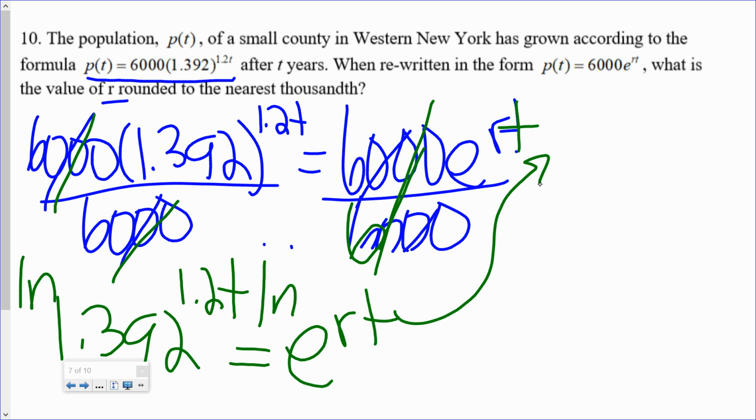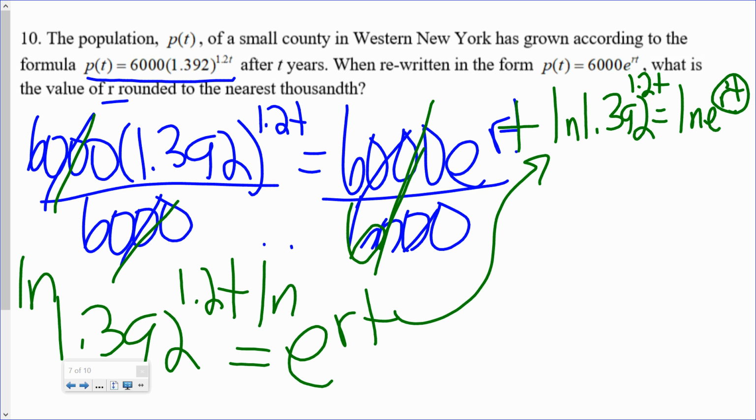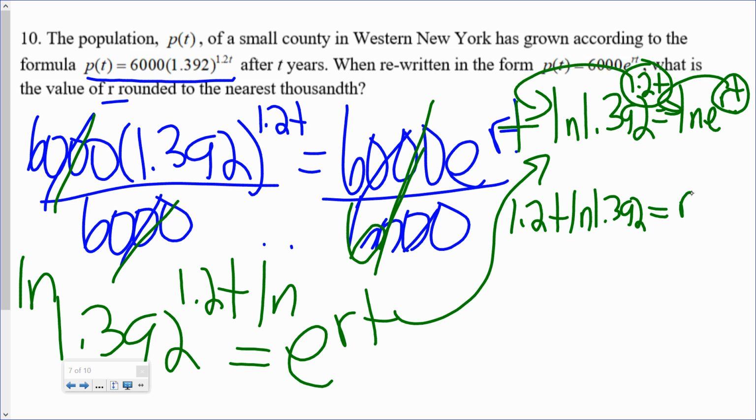So I get ln 1.392 to the 1.2t equals ln e to the rt. The reason I do that is to get my exponent in front. So I have 1.2t ln 1.392 equals rt ln e, and remember ln e just cancels.